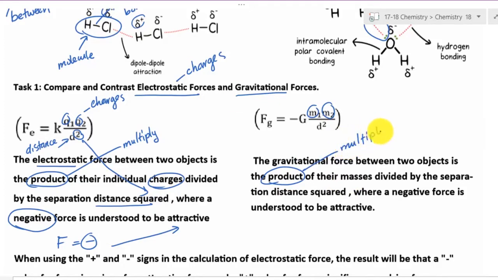So we multiply the masses of the two objects, and it is divided by the distance squared, where d is your distance and squared means to the power of 2. Again, the negative force indicates that the two objects are attracted together.